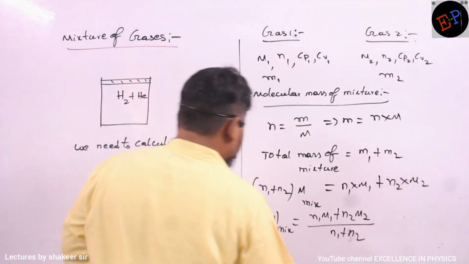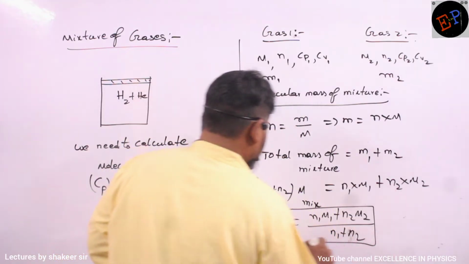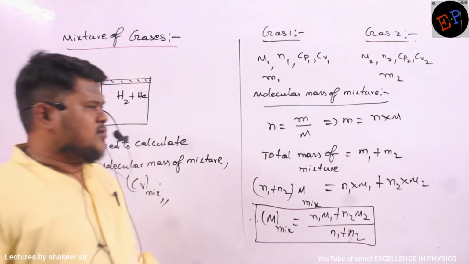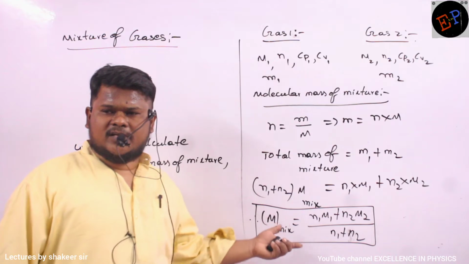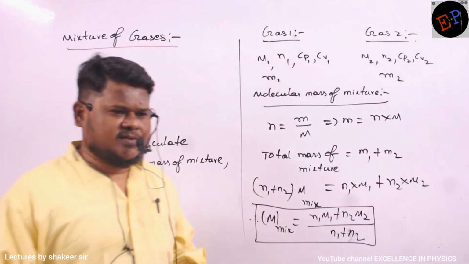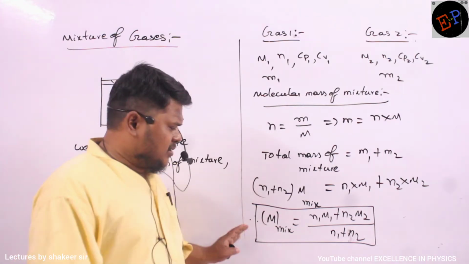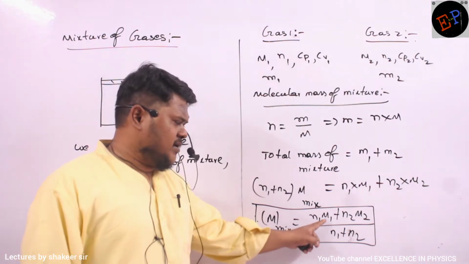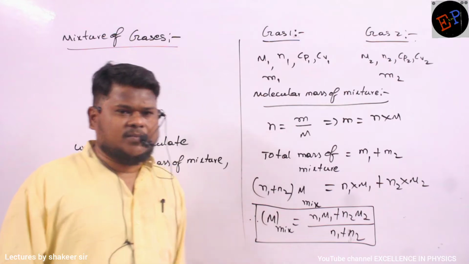This is the method of calculating the molecular mass of the total mixture. Not only for two gases, you can use this relation for any number of gases: 2 gases, 3 gases, 4 gases, 5 gases, any number of gases. Are you able to understand the formula? n1 m1 plus n2 m2 divided by n1 plus n2.